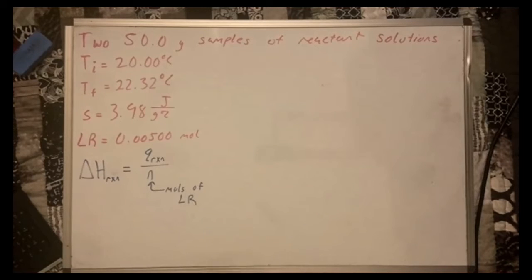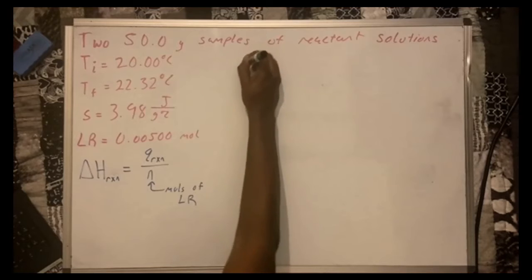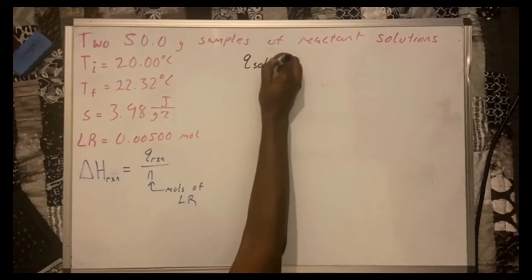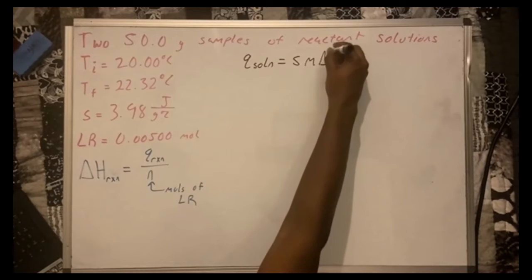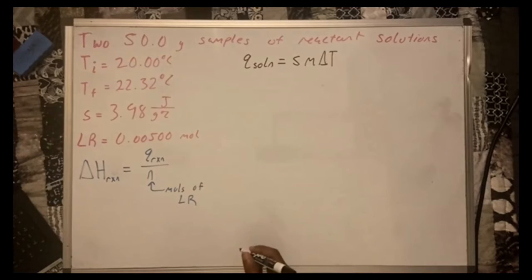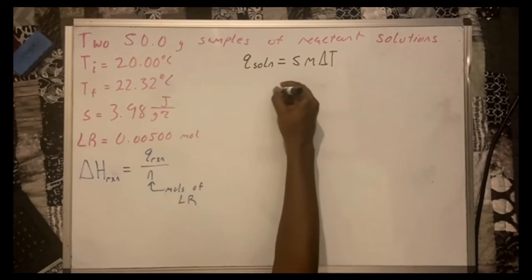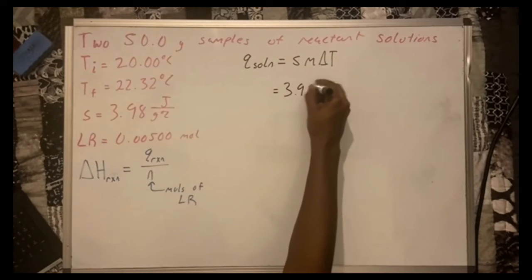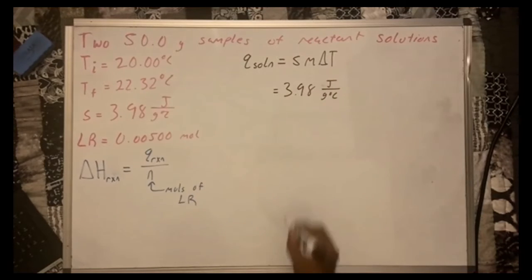Okay, so to get this Q, we need the Q of the solution. We're going to get that by doing our S M delta T, right? S, they give it to us right here, 3.98 joules per gram degree Celsius.